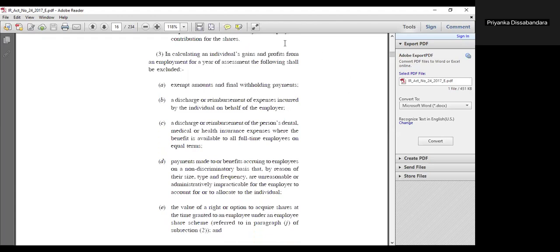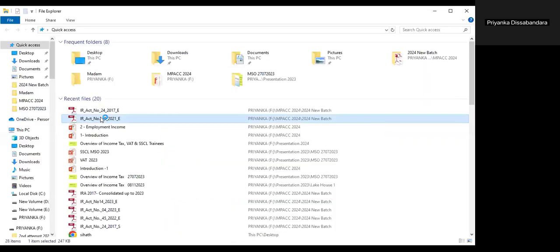Now I can share with you one of the amendments.